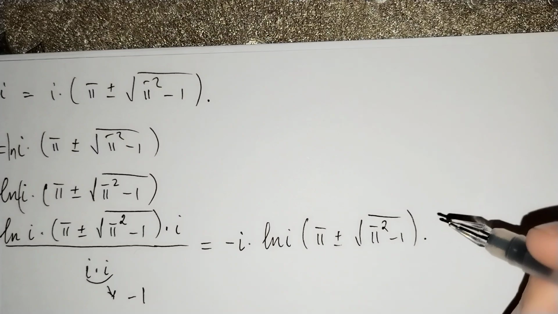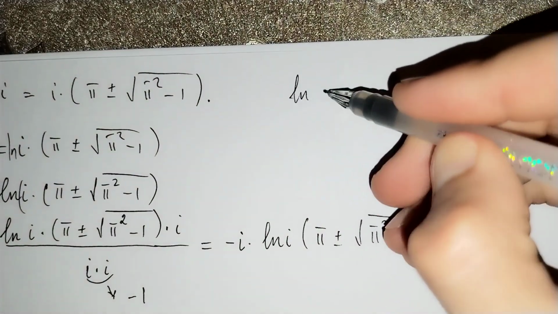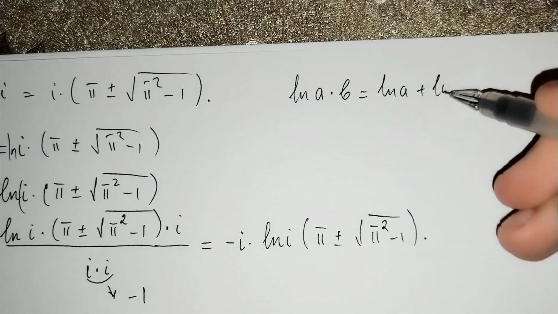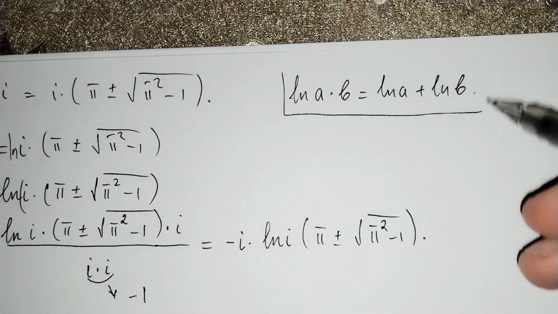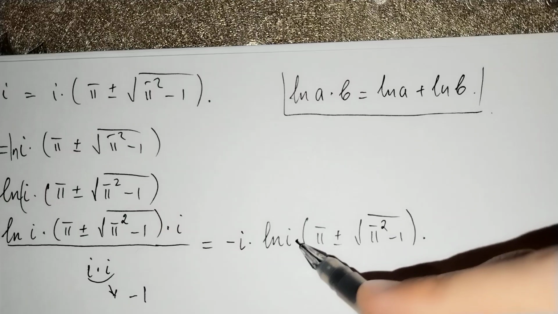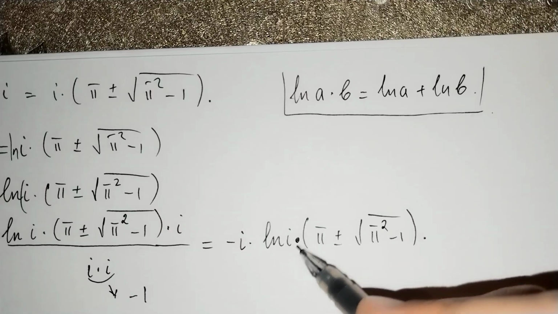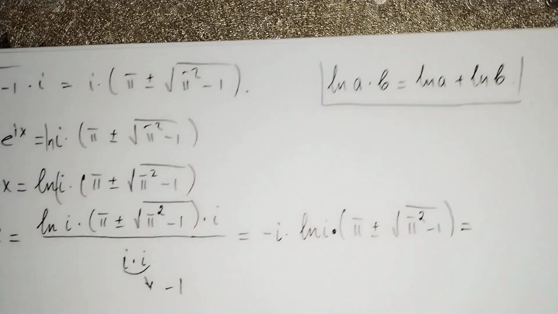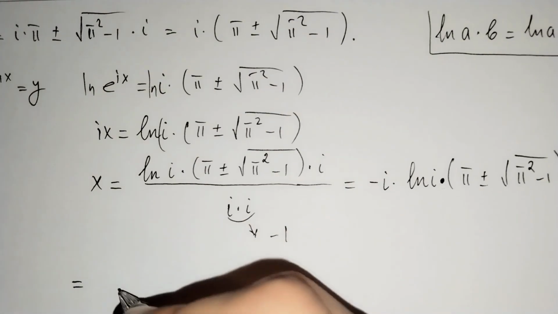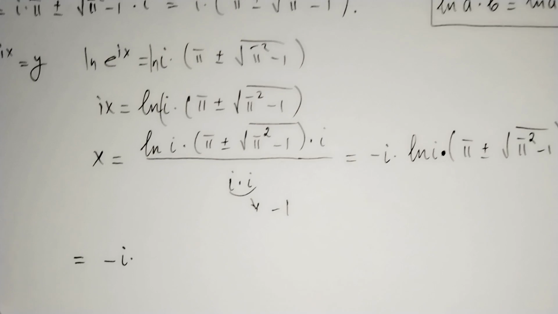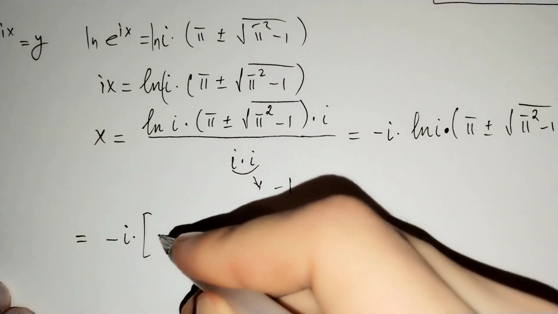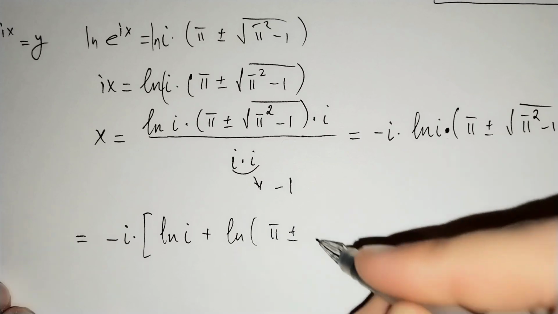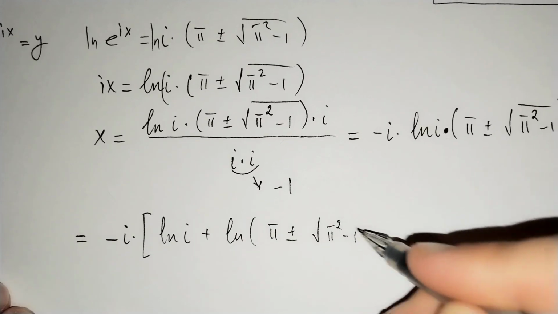Then we know that ln of a times b equals ln a plus ln b. This is the formula, and here we can see a product. This is equal to minus i times ln i plus ln of pi plus minus the square root of pi squared minus 1.